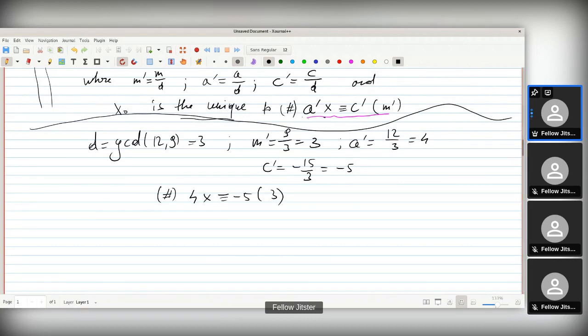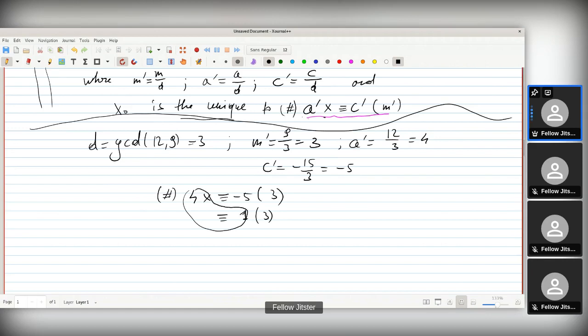4x congruent to -5 modulo 3. First of all, we can simplify it. What is the remainder of -5 modulo 3? 1. Exactly. But can we solve such a congruence?